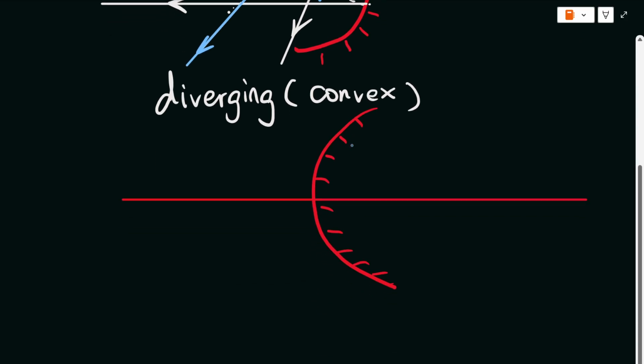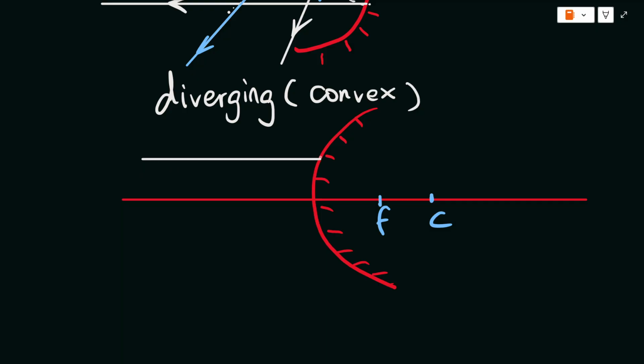In contrast, if we look at a diverging mirror or a convex mirror, the center and also the focal point will be located behind the spherical mirror. If we still draw the three kinds of light rays on a diverging mirror, we will have some interesting effects. We still draw a light ray parallel to the central axis, with a normal line extended from the center of the spherical mirror.